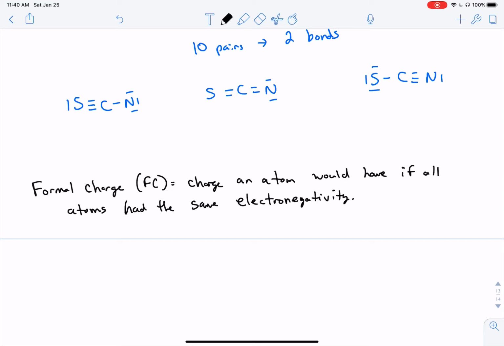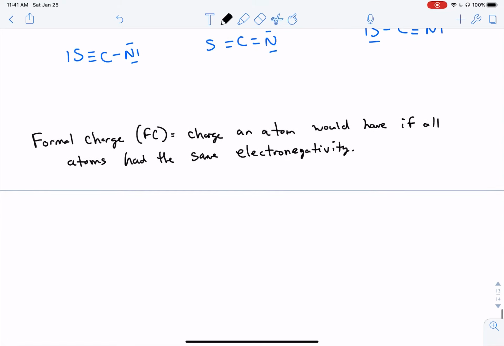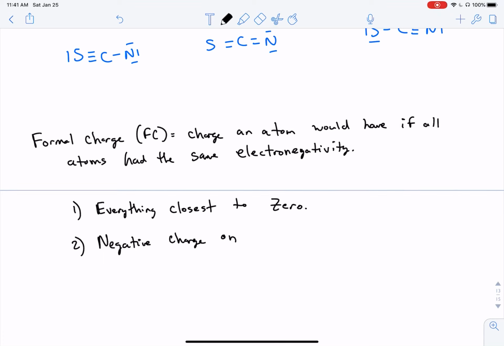Now, you want 2 rules for this. First rule, you want everything closest to 0. That's your first rule. So if you're trying to select the best one, everything closest to 0. So the numbers like -1, 1, and 0 is better than -2, 0, and +2. So you want everything as close to 0 as possible. If there's still a tie, you want the negative charge on the atom with what kind of electronegativity?